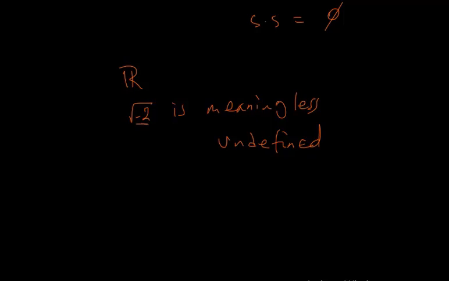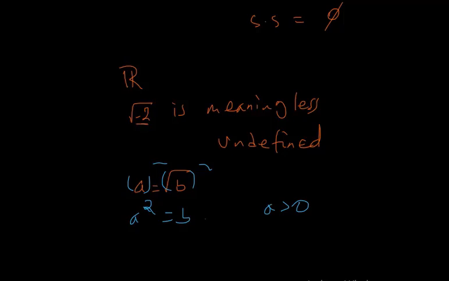The reason is, let the square root of some number b be a. If you square on both sides, you will get a squared is equal to b. So let's take a greater than 0, which means a is positive. The square of a positive number is a positive number.